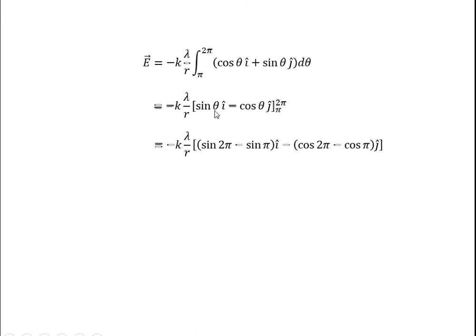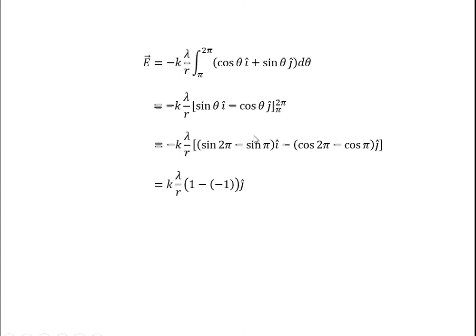We have the sine of 2 pi minus the sine of pi, going with the i unit vector, and something similar going on with the cosine. The sine of 2 pi is 0. The sine of pi is 0, so the entire part of the i expression just becomes 0.